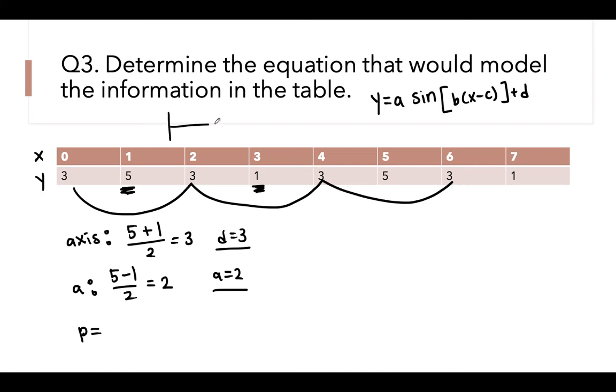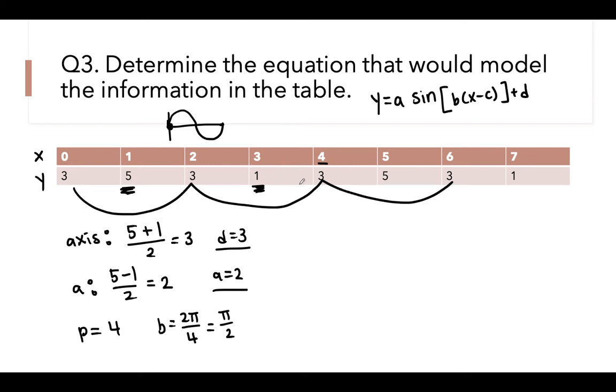So if we're thinking of a sinusoidal, it comes from my original position, high, to original, low, to original at 4. So to find letter B, I'm going to do B is equal to 2 pi over period, which is 4. So it's going to be pi over 2. So let's do a sine function. It looks like there is no phase shift because it starts from 3, 3, and 3.